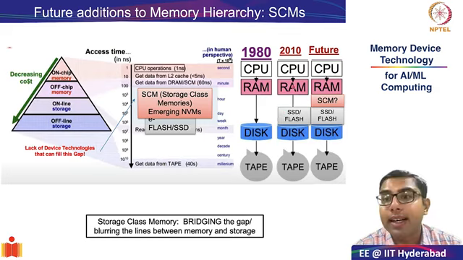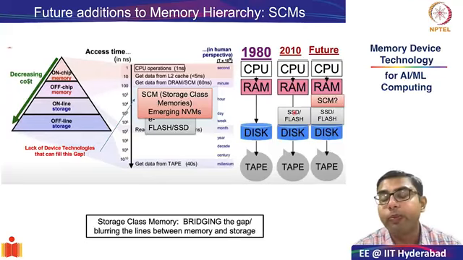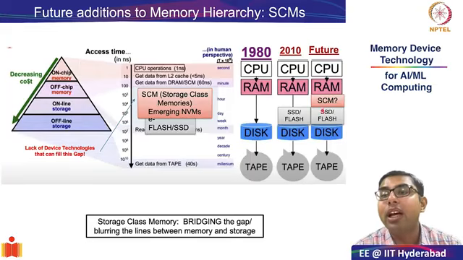Nonetheless, there still exists a big gap between your main memory consisting of DRAMs and your SSD, which consists of flashes. Therefore, people are trying to look at storage class memories, which can blur the lines or the functionality between main memory and main storage.